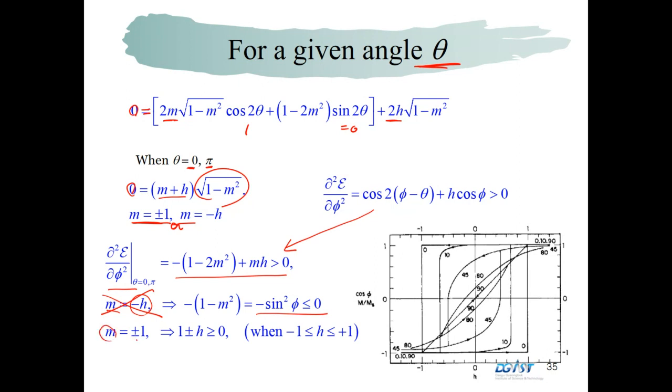And when m is plus or minus 1, we can find this relation that implies h is satisfied when h is larger than 1 or h is smaller than minus 1, that is the same as our previous result.